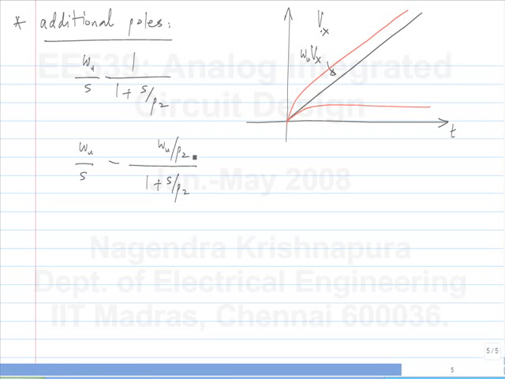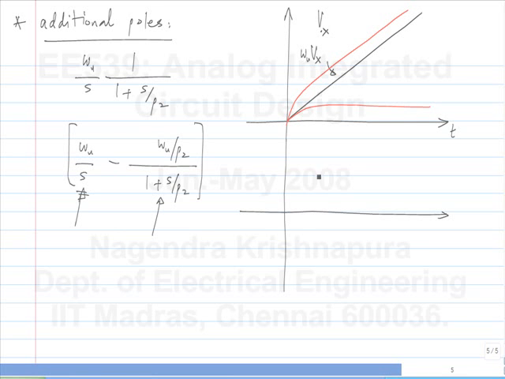So I should not add the exponential, I should subtract it. Okay. So in reality, let's see what happens. So this part is the term that we are familiar with. So this is just a transfer function. We are supposed to find out the step response. So I'll find the step response of this transfer function, step response of this transfer function, and combine them.